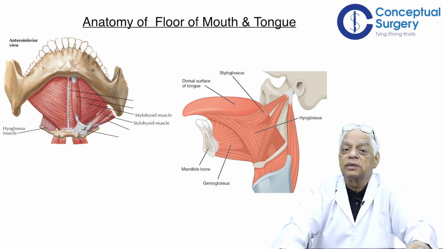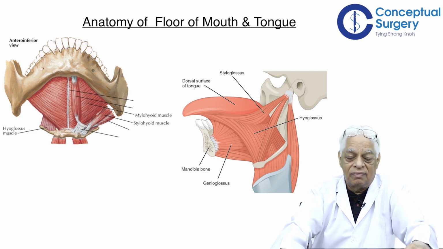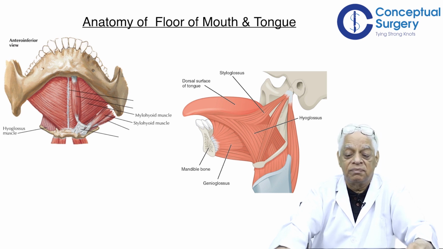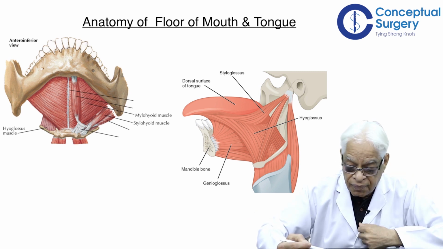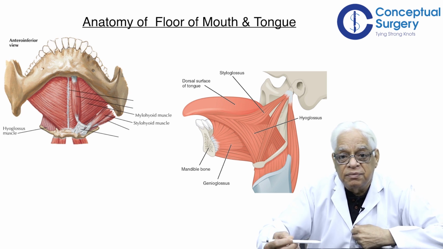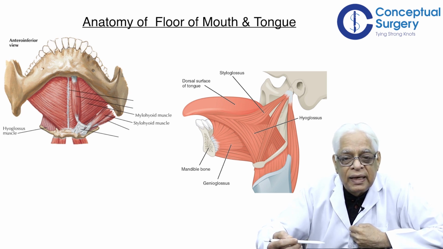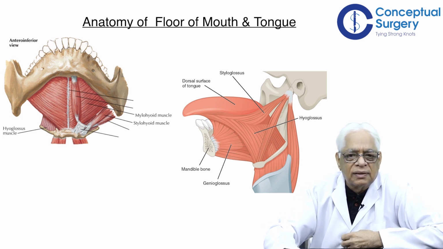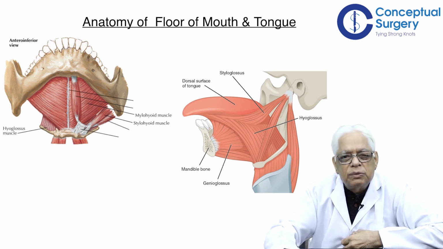The intrinsic muscles are superior longitudinal, inferior longitudinal, transverse, and the vertical. They are the muscles which are responsible for speech, phonation.